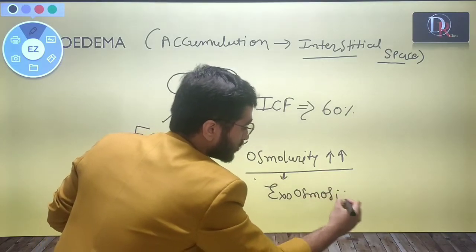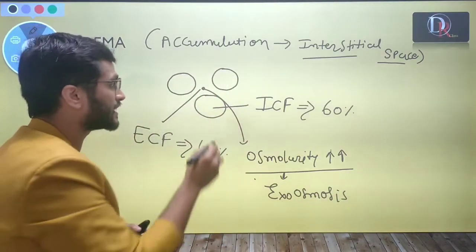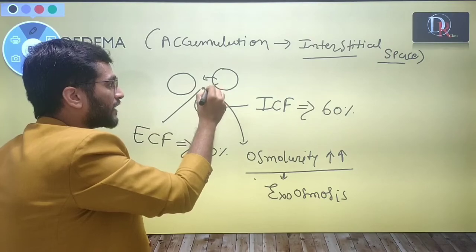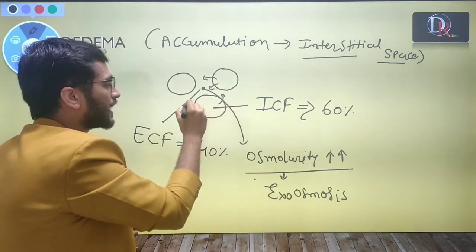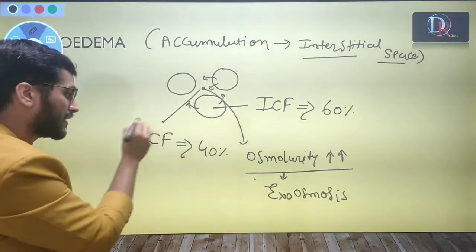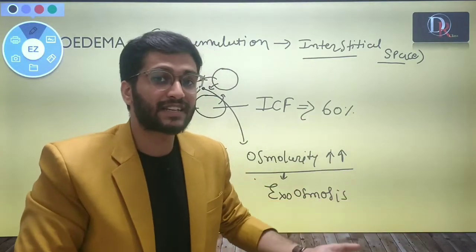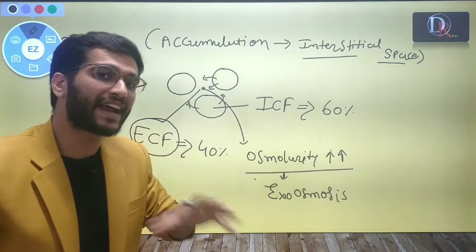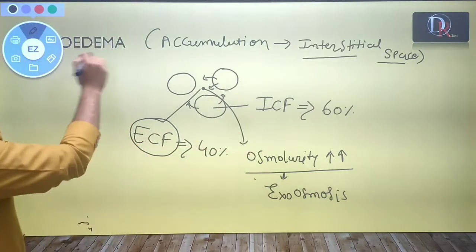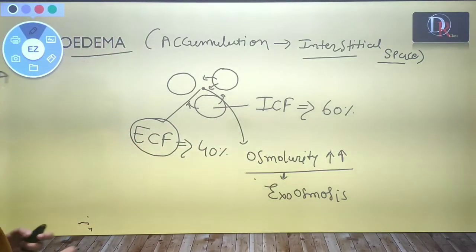So what is exoosmosis? Exoosmosis is a condition where water drains out from the cell and accumulates inside the ECF. So it will result in more fluid and more volume of ECF, and that kind of situation is generally known as edema.